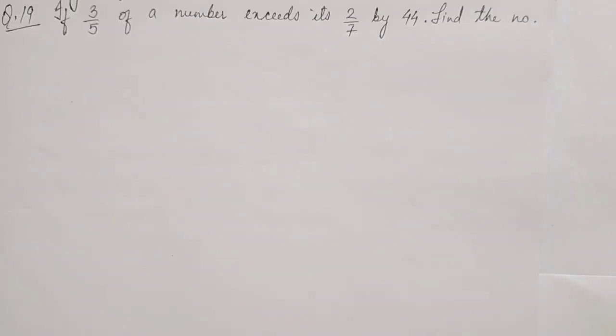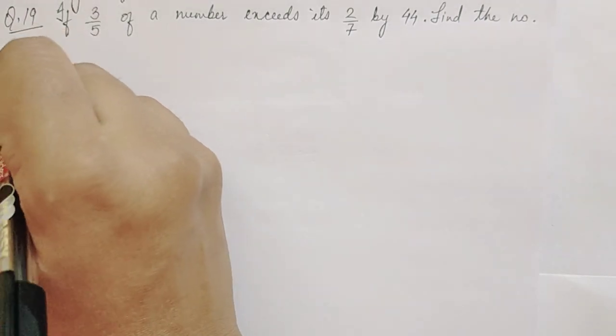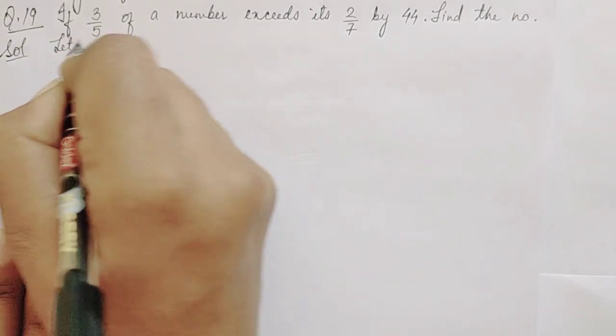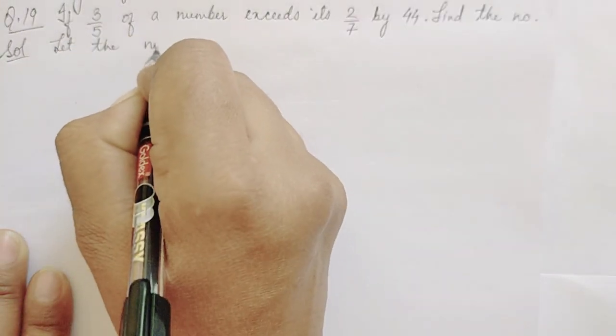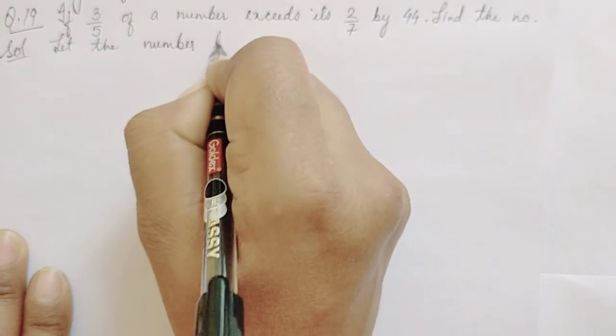Question number 19. If 3 by 5 of a number exceeds its 2 by 7 by 44, find the number. We don't know what the number is, so whatever is unknown to us, there we take value x. So let the number be x.